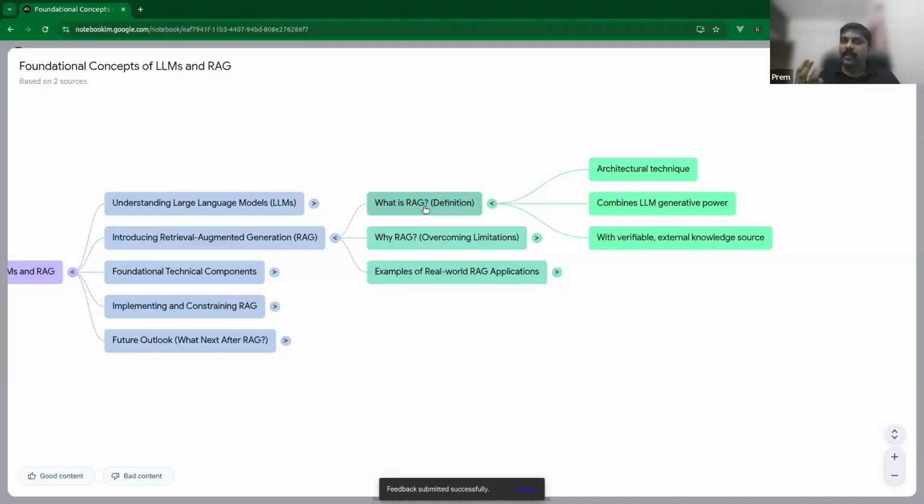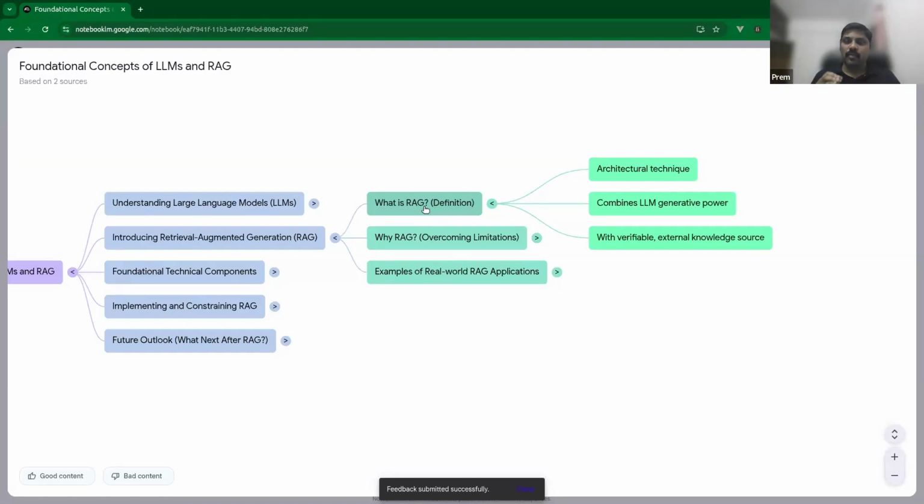If we are able to make the LLM work this way, then we will be able to achieve what we want, like accurate answers about the proprietary knowledge that we have, because the source of information is available for it to answer. We are instructing it: hey, don't just answer by what you know.